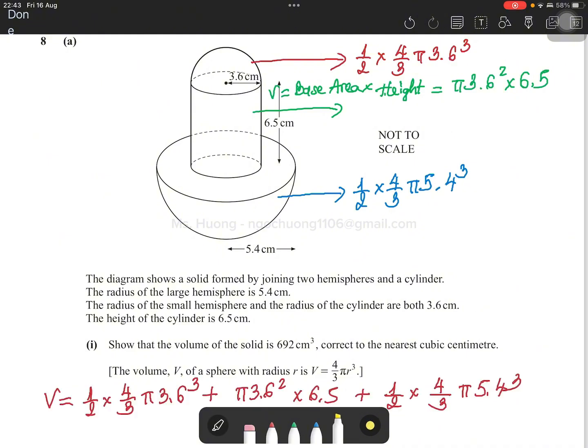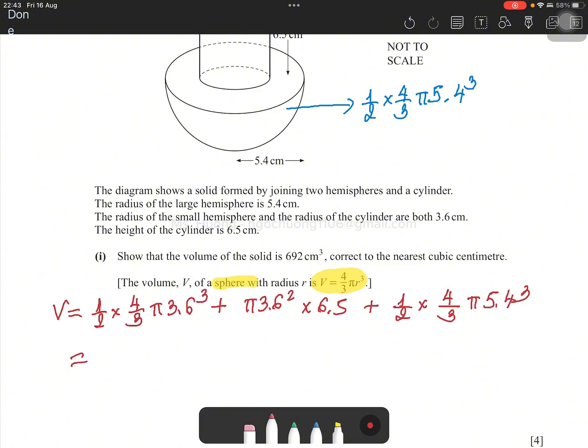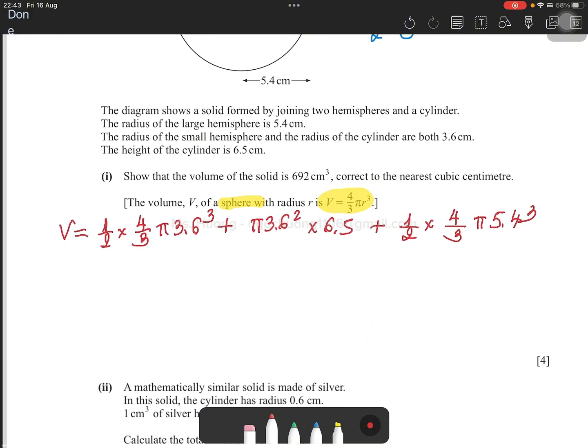Remember, the volume of the sphere is 4/3 pi r cubed. So if you want the hemisphere, you need to divide it by 2. And the answer for this is 692.2. And if we round it to the nearest cubic centimeter, then it is 692 cubic centimeters.